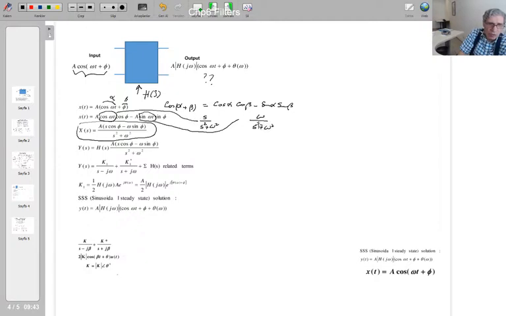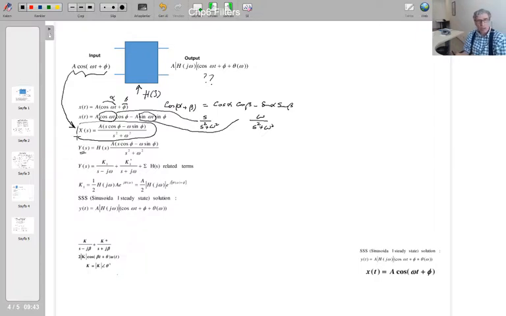If you replace those two, you're going to end up with this. So that is the Laplace transform of this input. If I multiply the input Laplace transform with the transfer function, I get the output. So that is the output in the s domain.